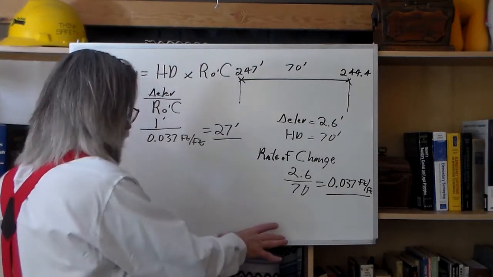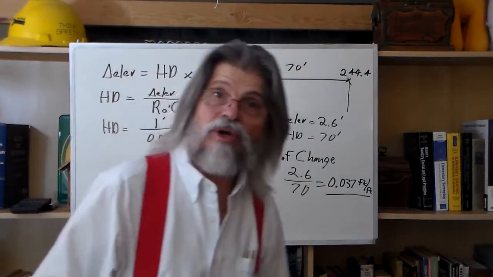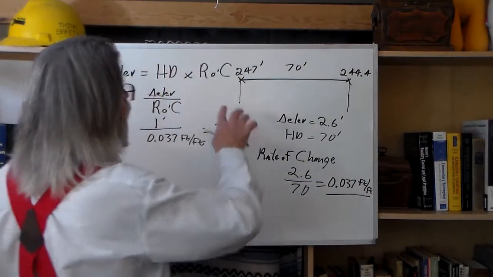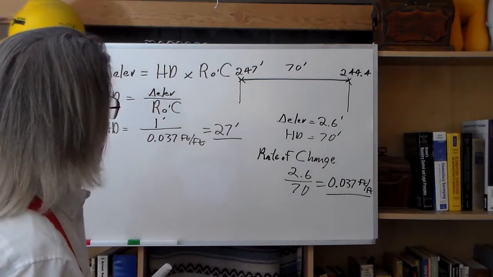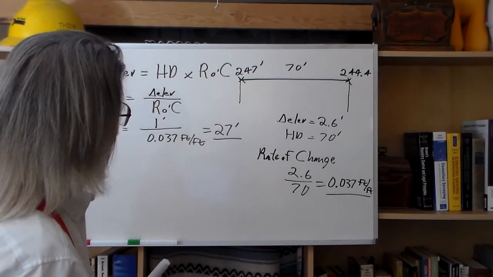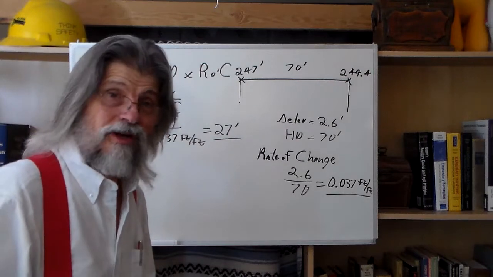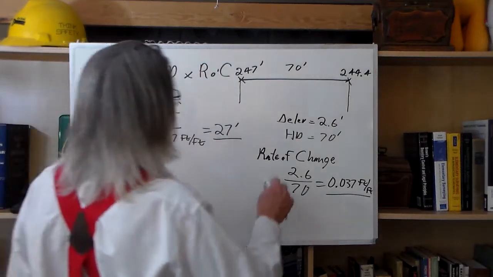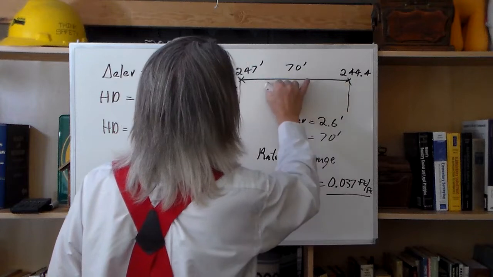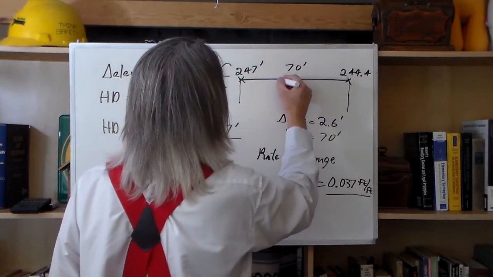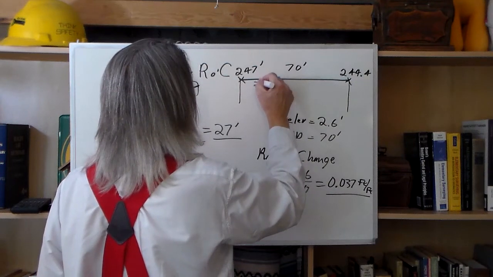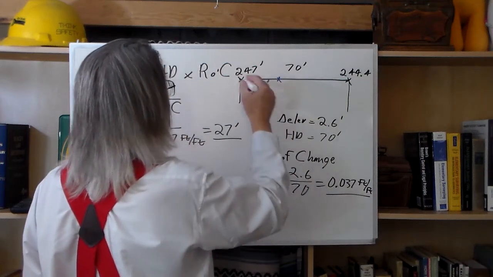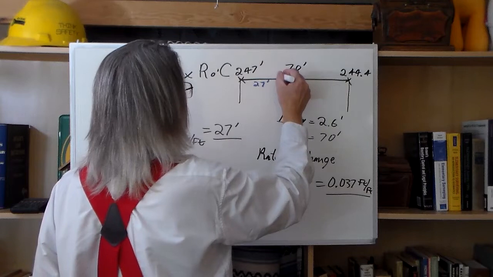All right. Well, I'm going to kind of halfway scale here along this. If this is 70 feet, 27 feet is going to be a little over a third of it, right? A little over a third of it. So let's divide that by 3. We'll say 27 feet is right here. So that's 247.